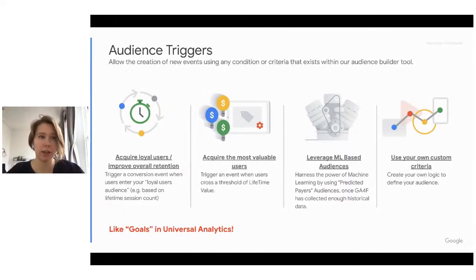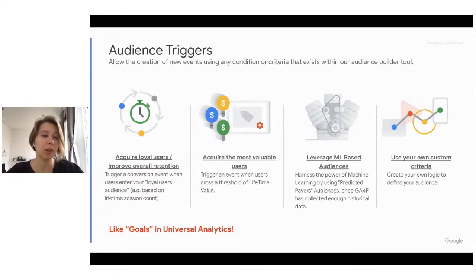Another cool feature out there is the audience triggers, which allows you to create new events based on any condition or criteria that is already in your audience builder tool. To give you a few examples, you might want to trigger a conversion event when a user enters your audience, like a loyal users audience, or a specific lifetime value category of users.